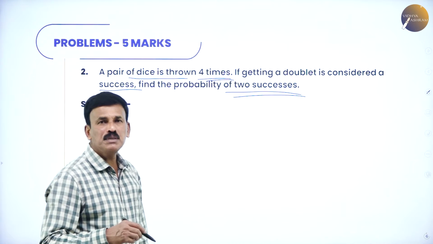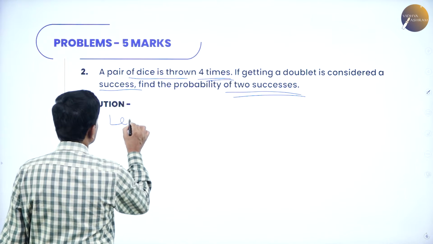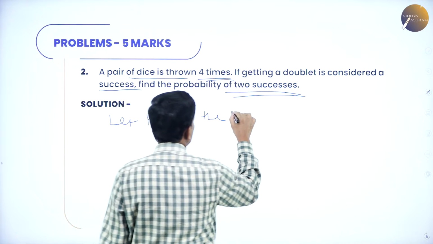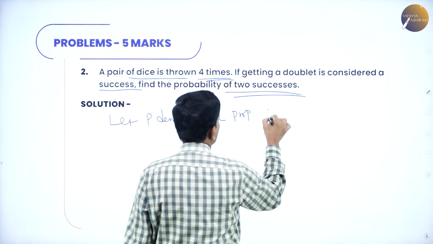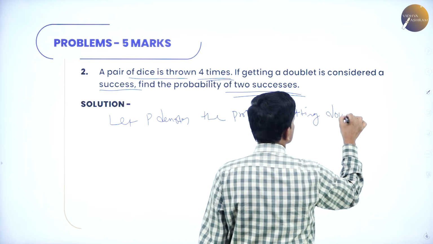Let us define. Let P denote the probability of getting a doublet as a success.